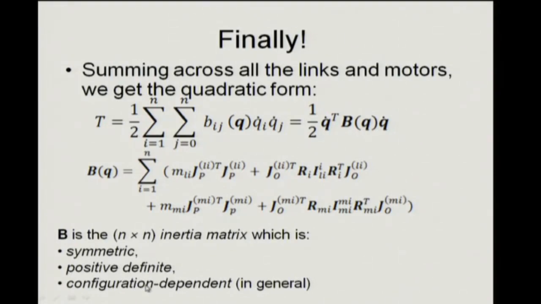And the last part is the biggest catch, which is the fact that it is configuration dependent in general. So, this obviously changes as q changes, because as q changes the J's will change, the R's will change. So, it is not constant, and so that is what makes life difficult.